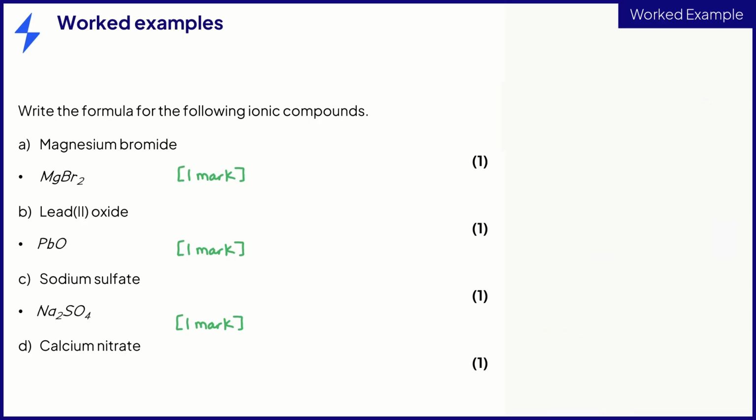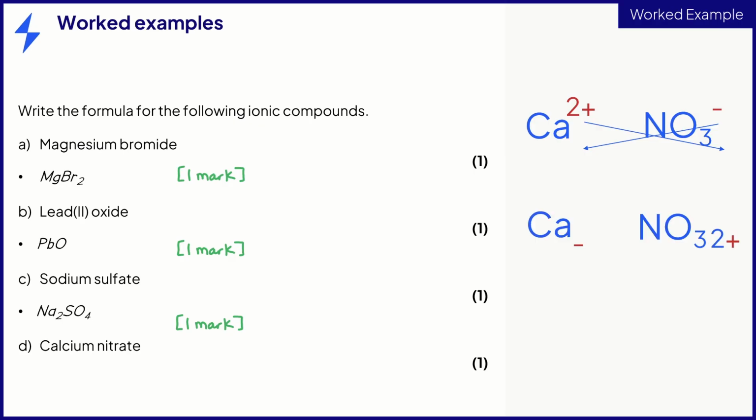You may remember that earlier in the video we mentioned the use of brackets. In this example of calcium nitrate, they are required, and we will look at why. Start by writing down the ions for the calcium and nitrate as normal, and again swap and drop. Now remove the charges, and we are left with CaNO3 2.